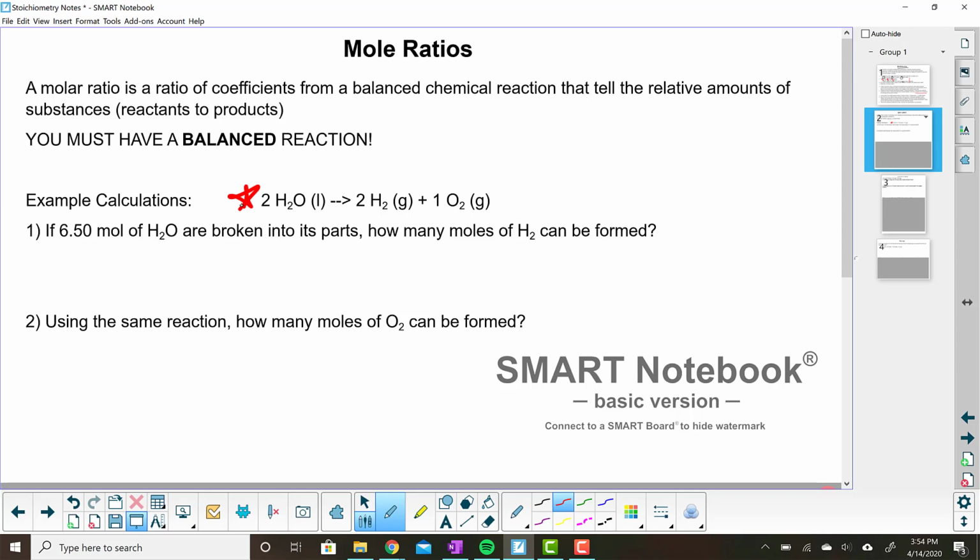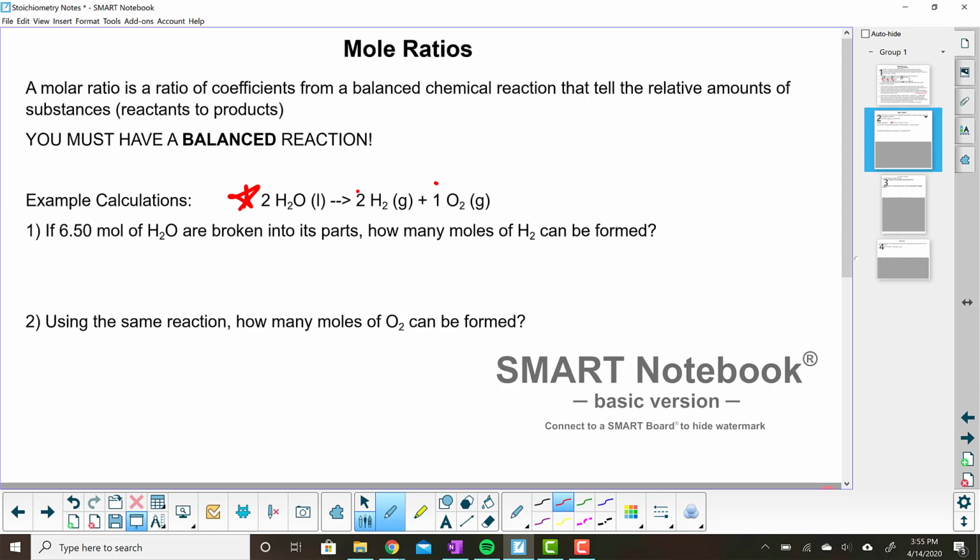We have a ratio of 2 water molecules for every 2 hydrogen molecules, or 2 water molecules for every 1 oxygen molecule. So that's our ratio from the balanced chemical reaction. That's the ratio of moles, right? 2 moles, 1 mole. But this only works if we have a balanced chemical reaction. That's why we had to learn about balancing before we could learn about stoichiometry.